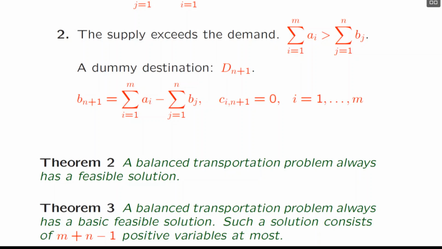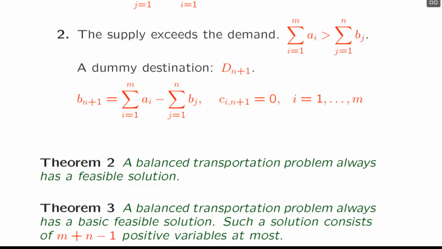So the next theorem assures us that a balanced transportation problem always has a feasible solution. Not only that, the third theorem asserts that if a transportation problem is balanced, then it will always have a basic feasible solution. That is, such a solution will consist of at most m plus n minus 1 positive variables.